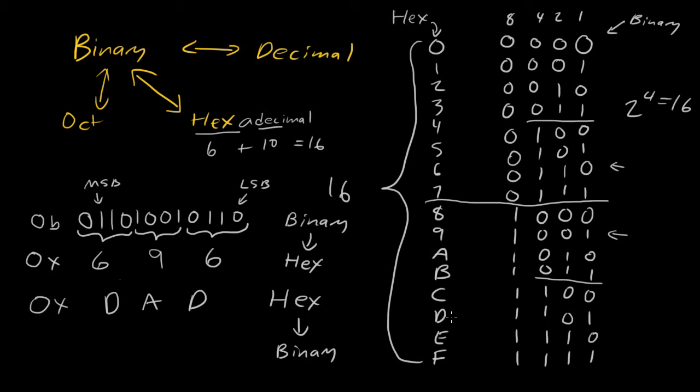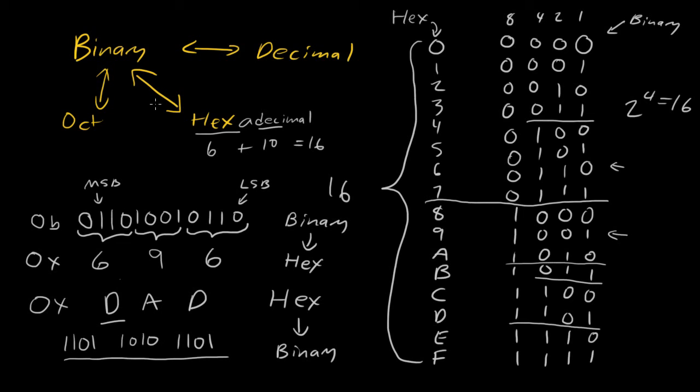So if I have this D here, that's just going to be this number here. So that's 1101. And for A, it's just going to be 1010. And finally D, we already did that, so it's just 1101. Okay, so there you have it. That's the binary. I mean, there's not much to this. Going between binary and hex is pretty straightforward.